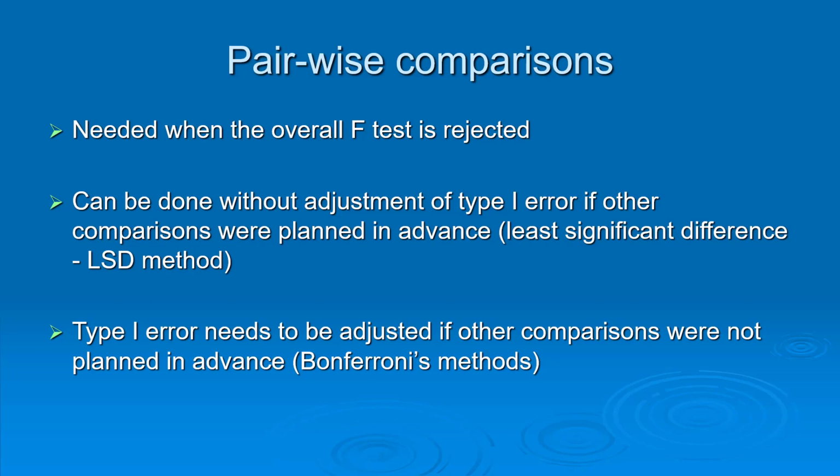We can use LSD, the least significant difference method, without adjustment of type 1 error if the comparisons were planned in advance. Otherwise, we can use the Bonferroni method, in which type 1 error needs to be adjusted.